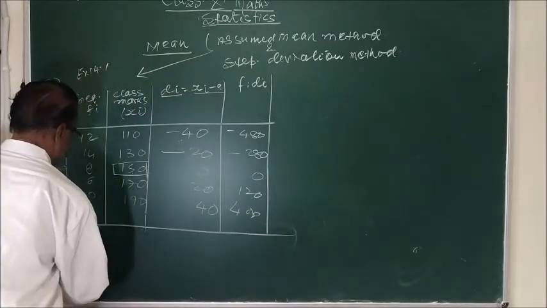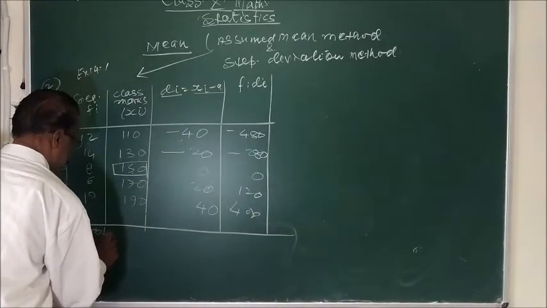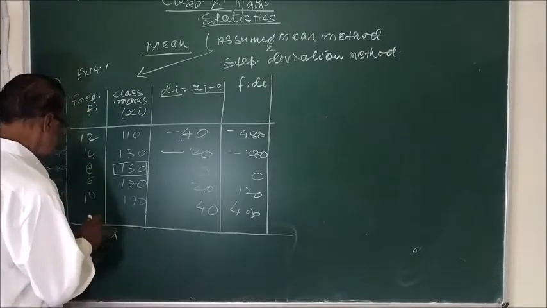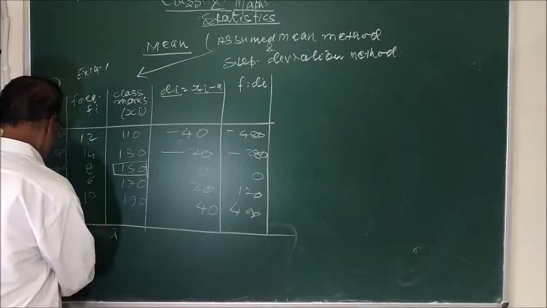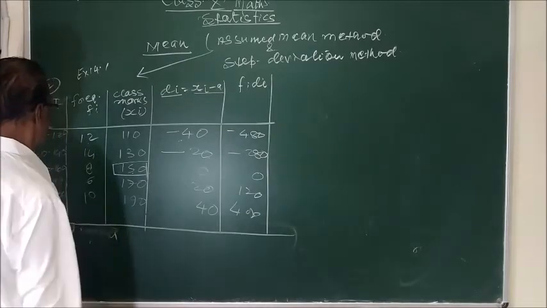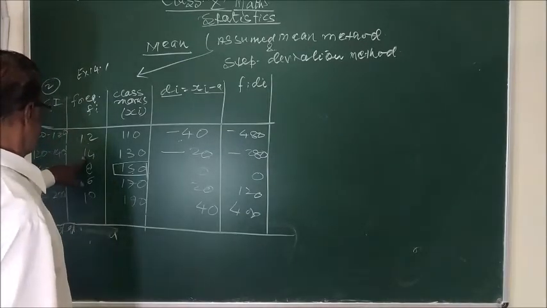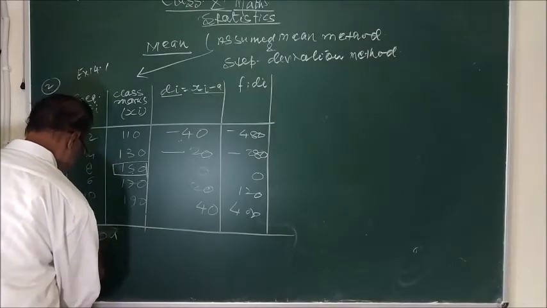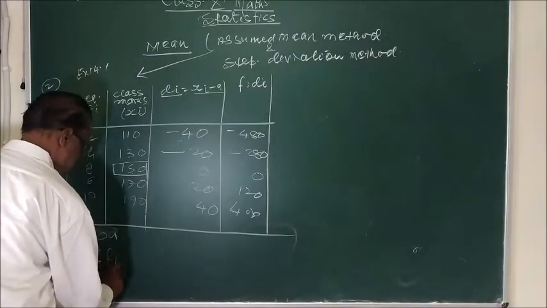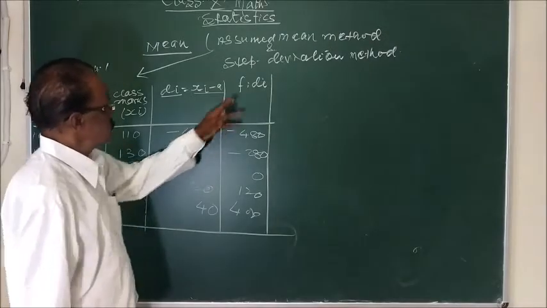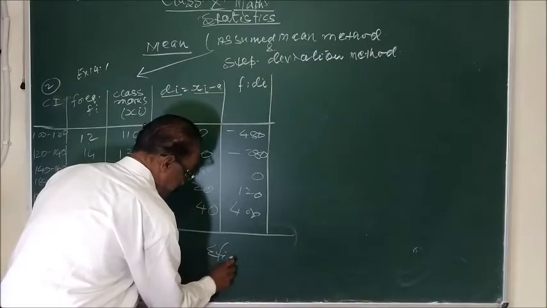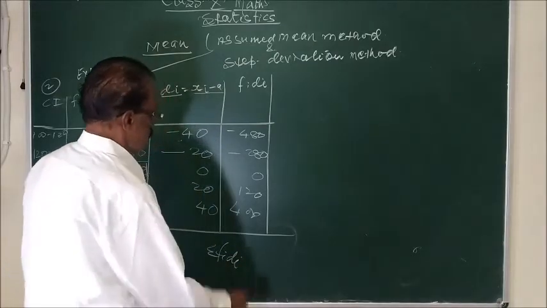Now you find the sum of the frequencies. So you find the sum: 14, 12, 26, 8, 34, 40, 50. This is sigma fi. Now you find the sum of fi di, the product of frequency and deviation.